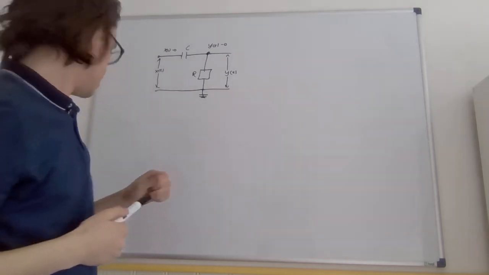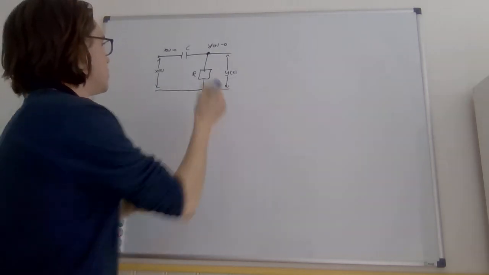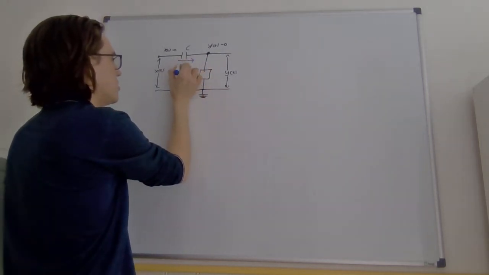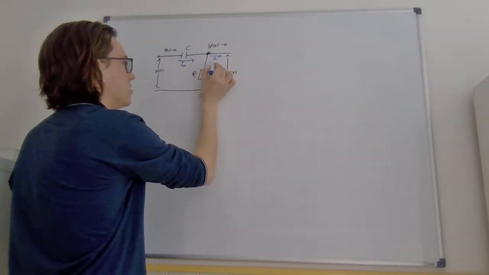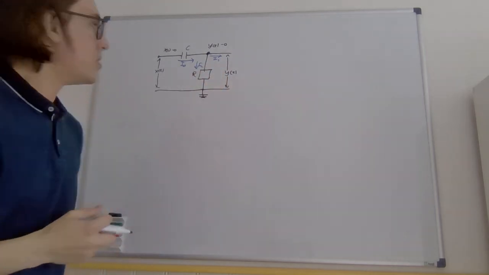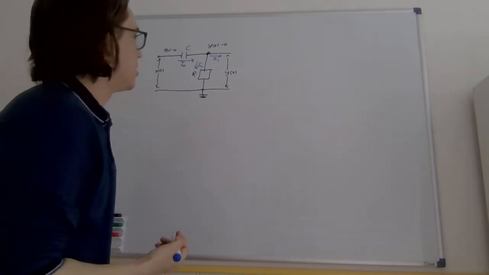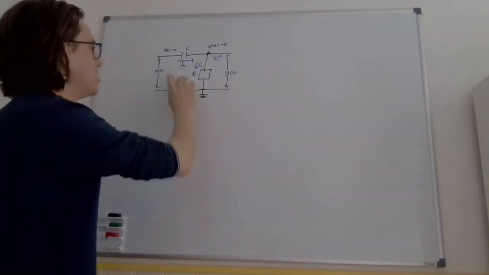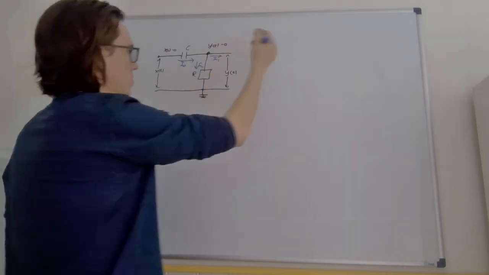Next, we're going to consider the currents in this node. We have first an incoming current I0 and an outgoing current I1 and another outgoing current I2. Because of Kirchhoff's current law, we know that the incoming current into a node must be equal to the outgoing current of a node.